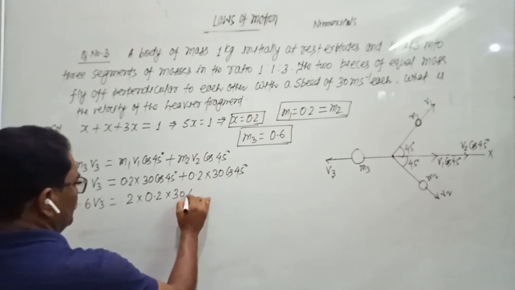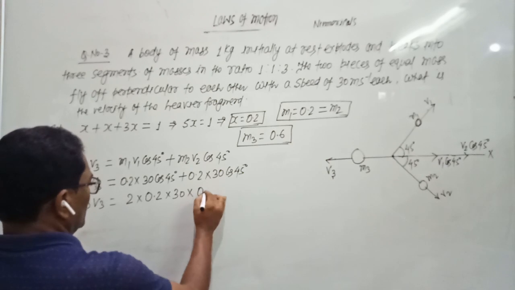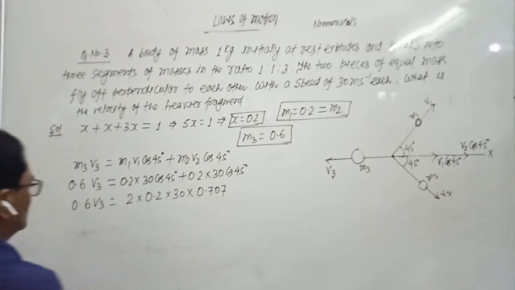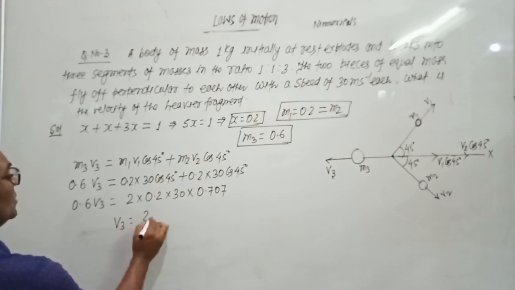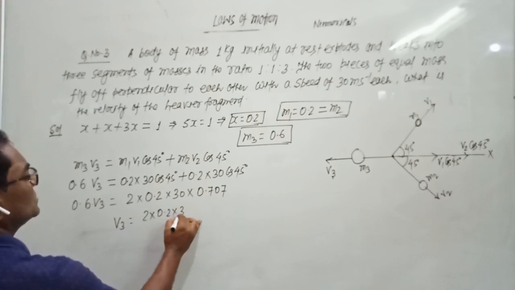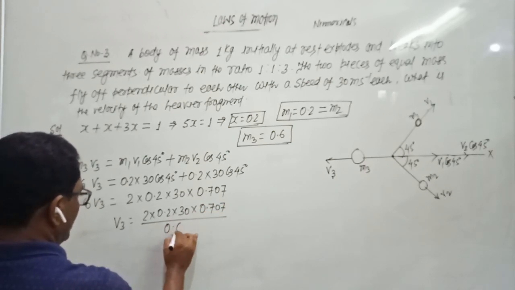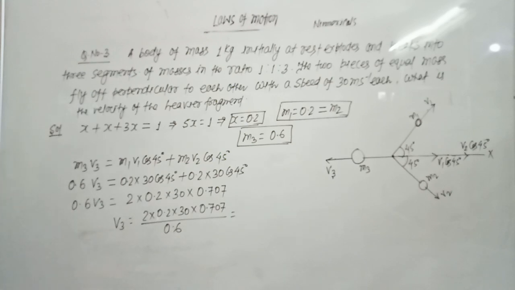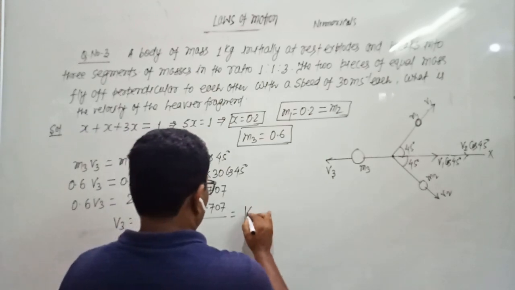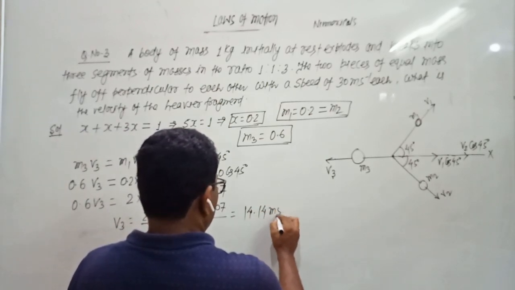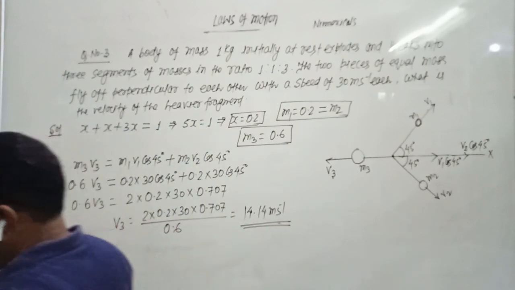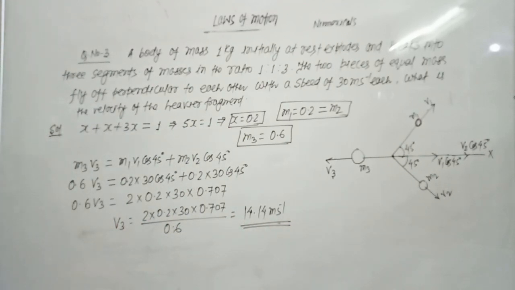The value of cos 45 degrees is 1 by root 2, which is 0.707. So V3 equals 2 into 0.2 into 30 into 0.707 upon 0.6. After solving, we get 14.14 meters per second. So these are the numericals based on conservation of linear momentum.